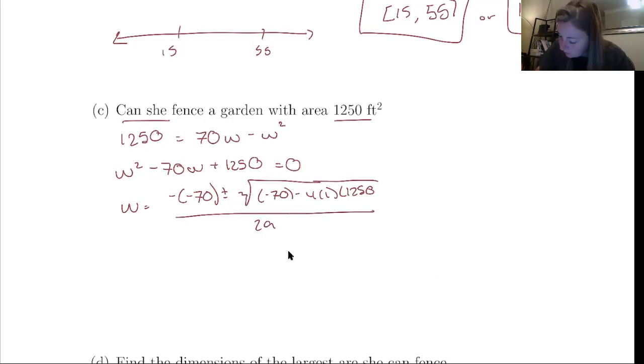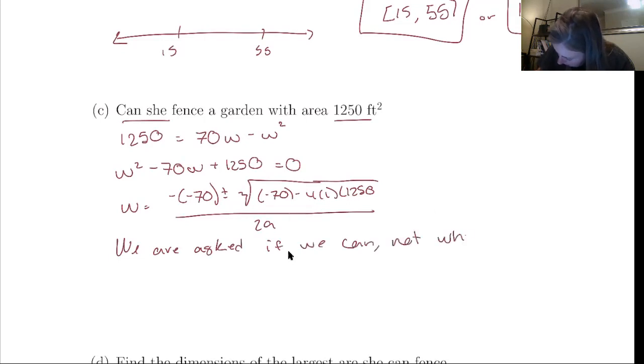We're asked if we can, not where W is. So we're going to think smarter, not harder.